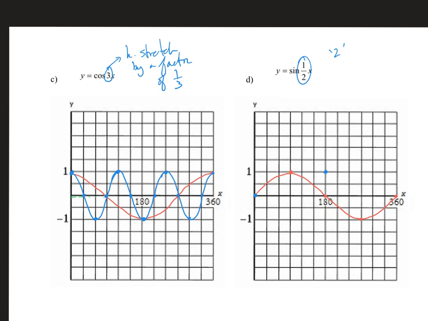This 0 that used to occur at 180 will now occur at 360. And I've noticed I'm off my grid. So the only portion of that curve that I can sketch is what I see on that blue. And so hopefully we match up and everything looks good between those graphs.